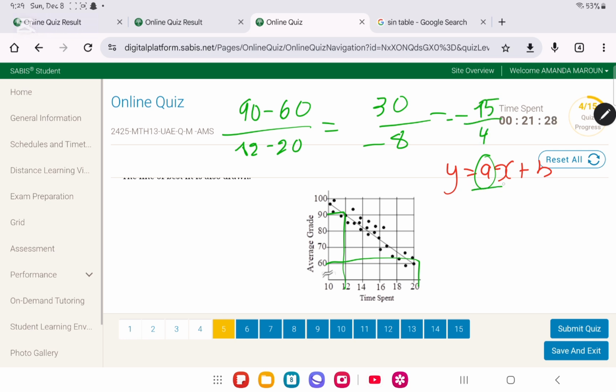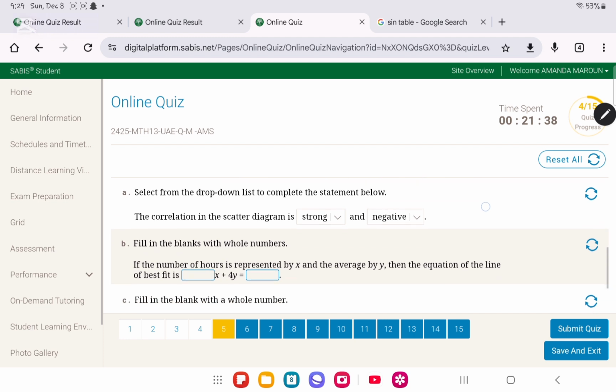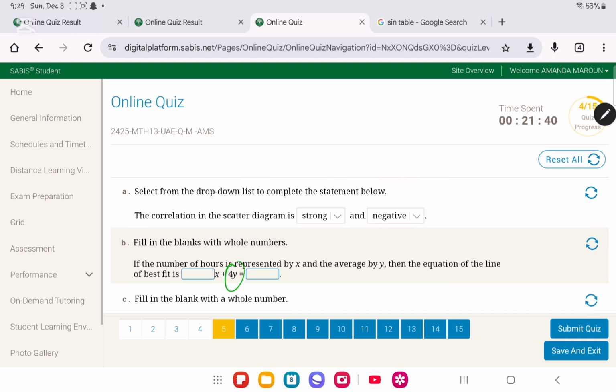So very simply, we're going to substitute it in a. So y is equal to minus 15 over 4x plus b. If we go down, we will see that it is 4y. So for it to be 4y, we're going to rewrite the equation, which is y is equal to minus 15 over 4x plus b.